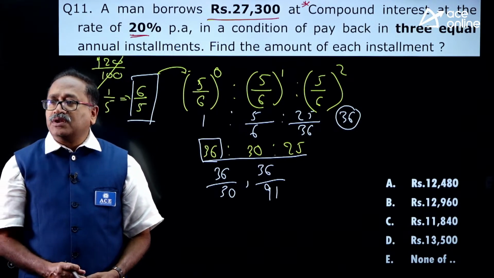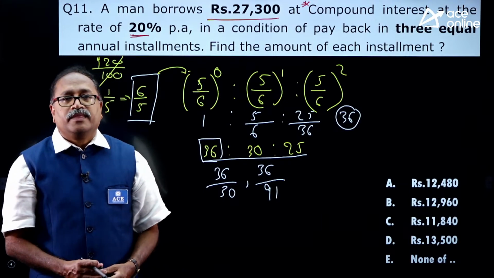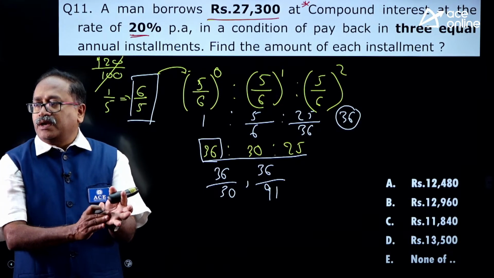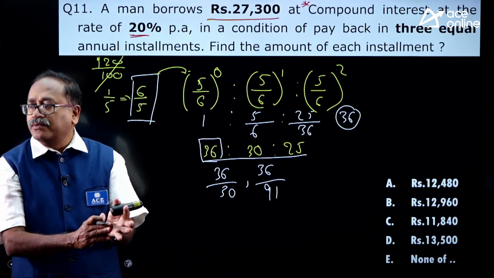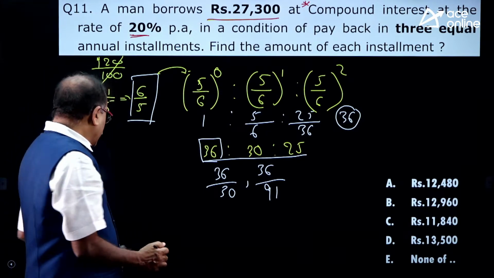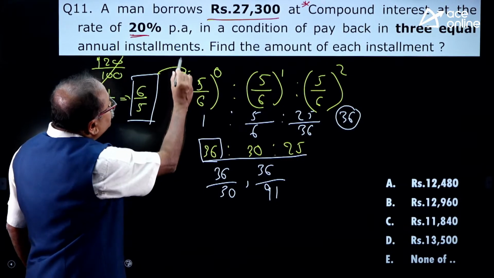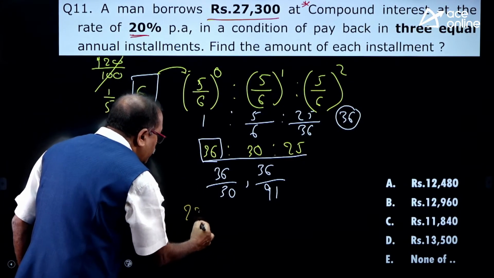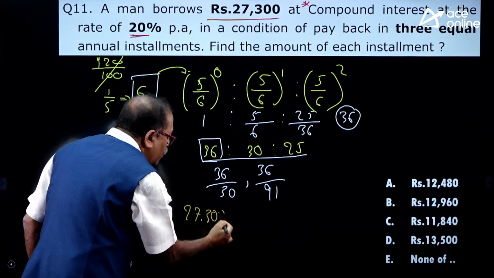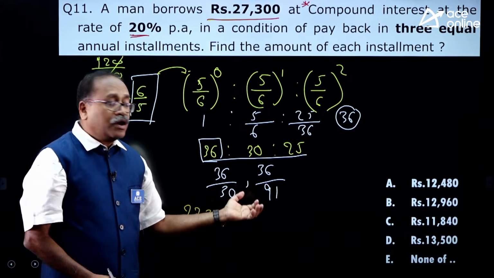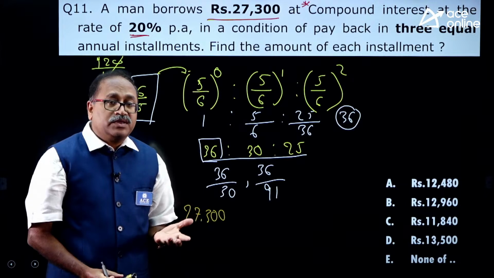Can you answer the question now, my dear friends? At least now you can answer the question. Okay, don't worry, I'll work on this. So that is 27,300. I have explained how to derive this fraction, or else I could have simply written down this fraction.